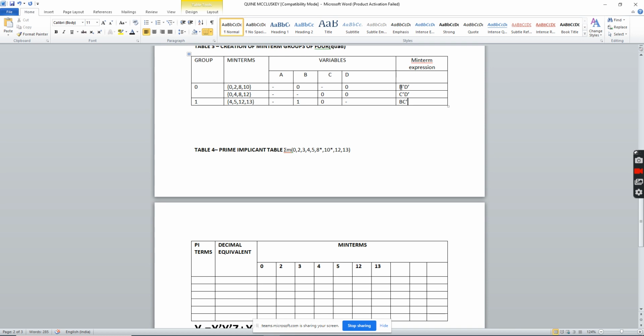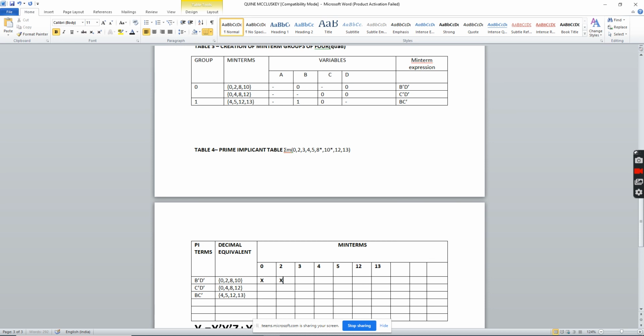So I will write these PI terms here, and I will copy these terms over here. So I'll try filling the cells. 0 to 8, 10. 8, 10 is not there, so you may write a star or you may not put a star. It's not an issue. You can put a cross mark or you need not put the cross mark.